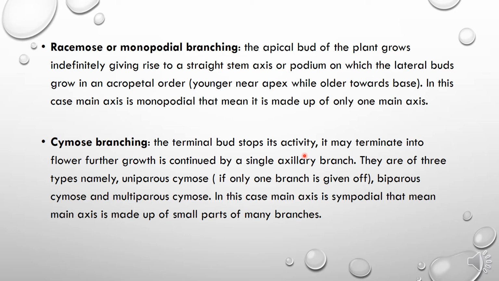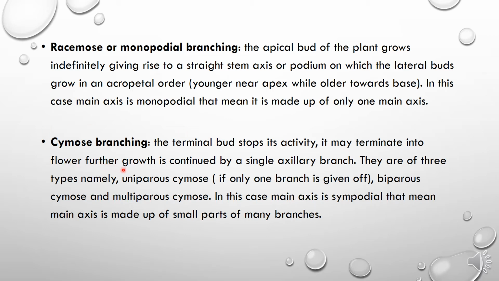They grow for a short period of time, and they soon stop their activity, and the branches terminate into flower very soon. While in racemose branching, the vegetative growth continues for a long period of time. In cymose branching, the terminal bud stops its activity very soon, and it may terminate into a flower.